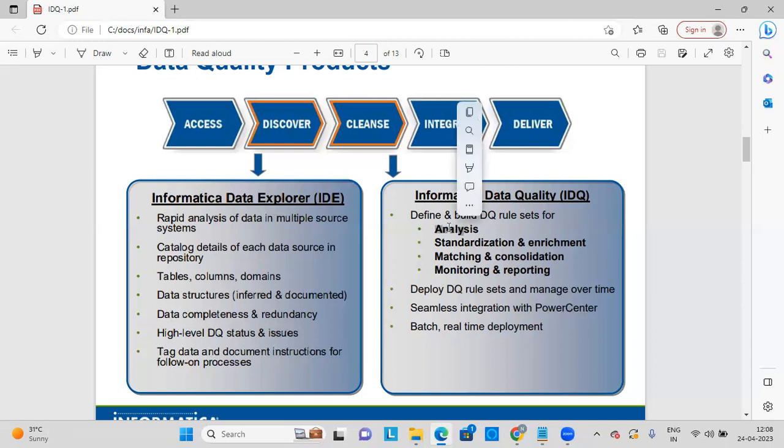Now let us see where we build these rules or rule sets. A rule set means more than one rule. It's not mandatory that we build only one rule to detect quality data. We can have one or more than one, and in that case we use the term rule set.